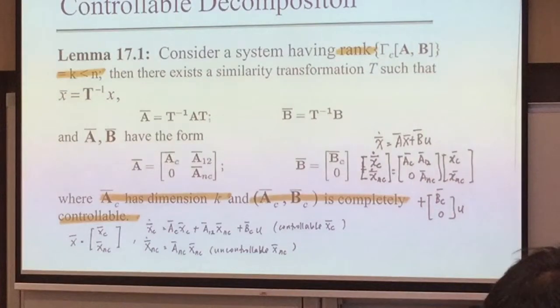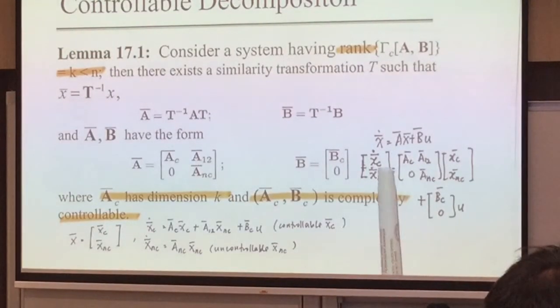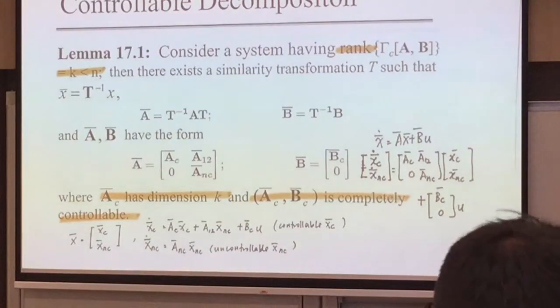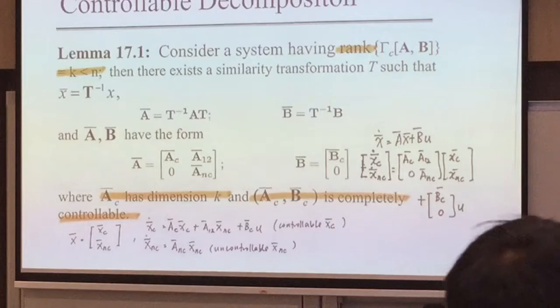If you write it out in the state space equation, we have X bar dot, which is XC bar dot and XNC bar dot, for controllable and non-controllable.